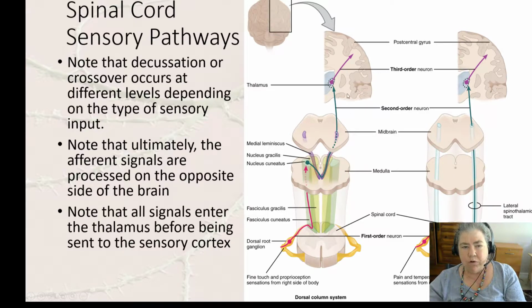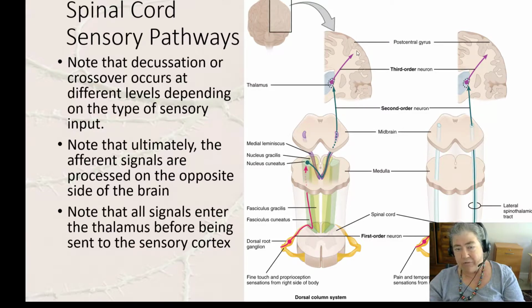So that pinprick, that fine touch that you feel on your right hand ends up passing through two additional neurons before the signal gets to the left-sided postcentral gyrus.